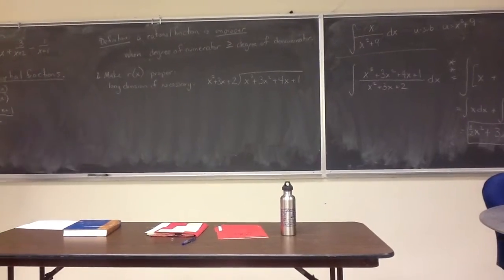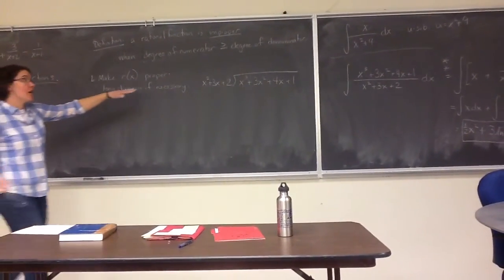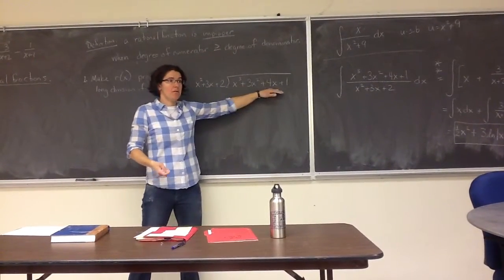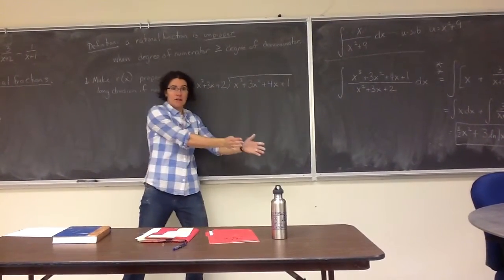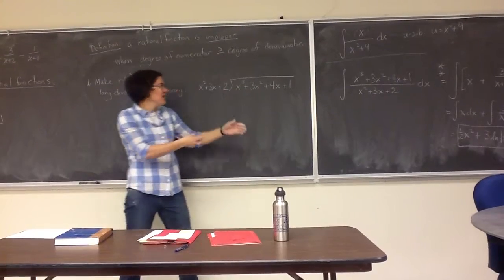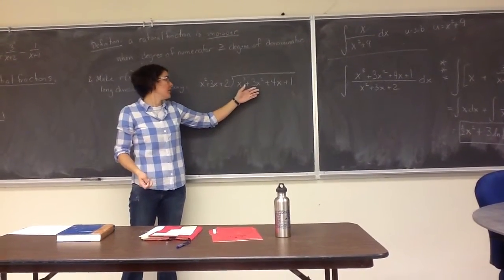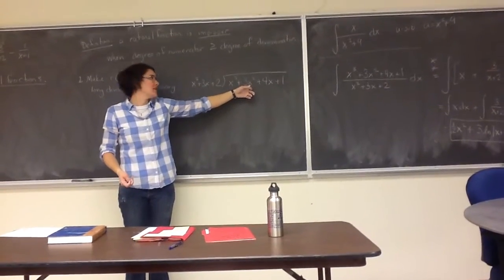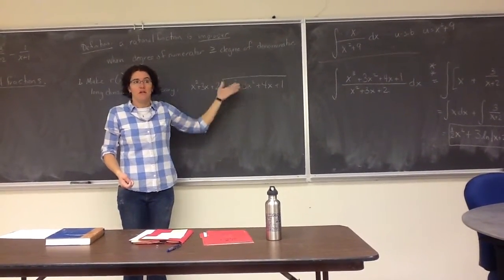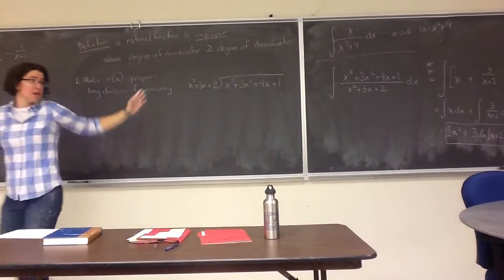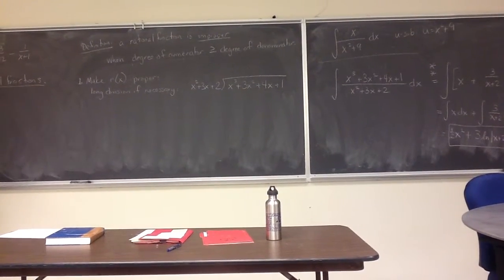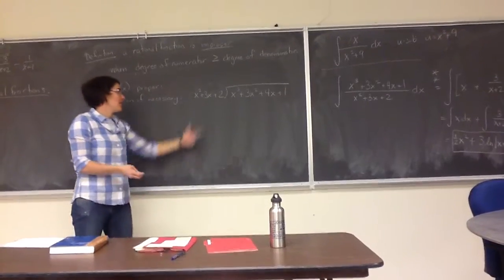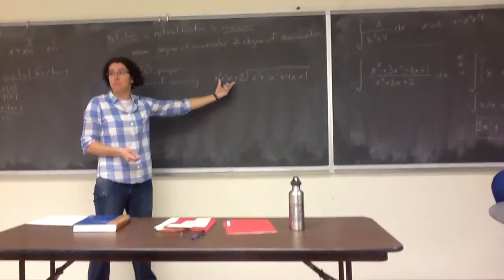Now, something I've glossed over but is important is to make sure that your polynomial is written from highest power down to lowest power. If you are missing any terms, for example, maybe there wasn't an x squared term in here, I might use a filler and say 0x squared. In this case, this is set up nicely already.